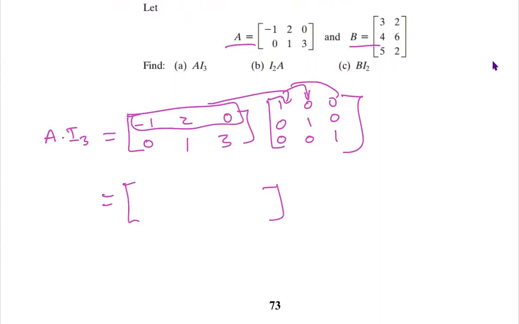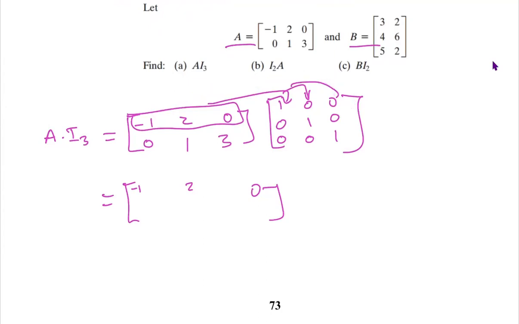So -1 times 1 is -1, and then the rest is 0. For the second entry, you're going to have -1 times 0, 2 times 1, and 0 times 0. So that's 2. And then the third entry, everything will be 0, since 0 times 0 is 0 too.